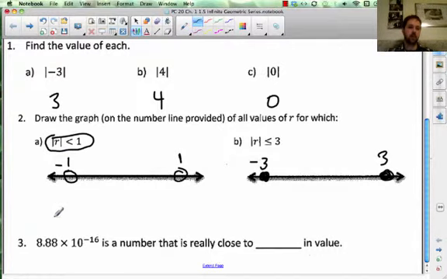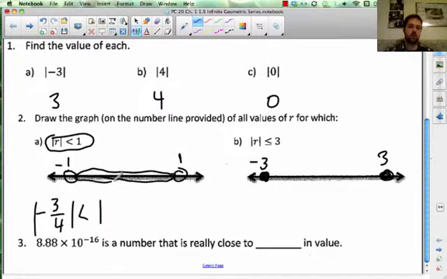For example, if we take negative 3/4 and take the absolute value, we get positive 3/4, and it is of course less than 1. So this is the number line representing all the values that fit within that inequality.